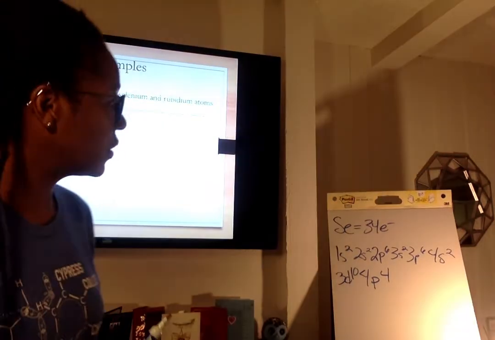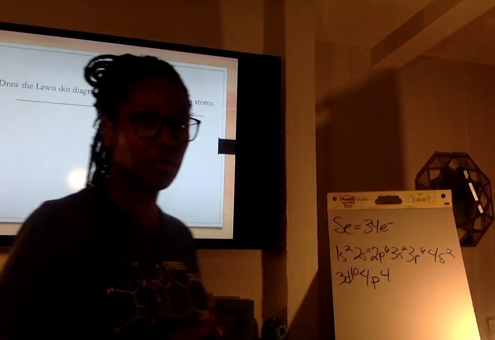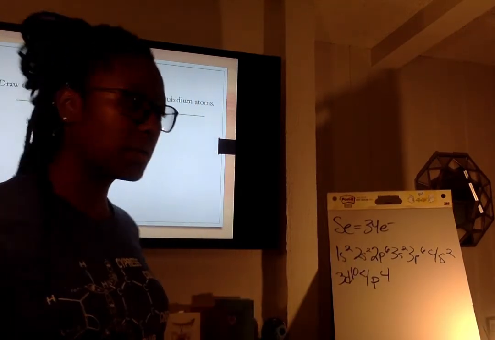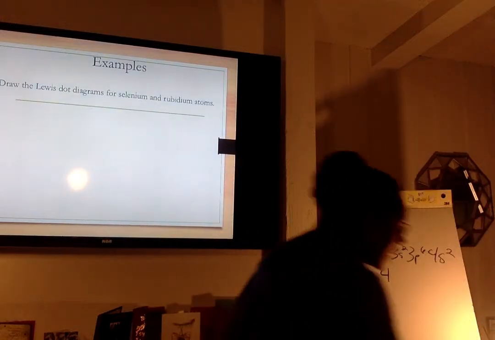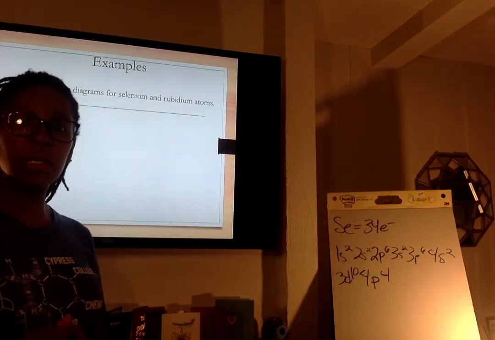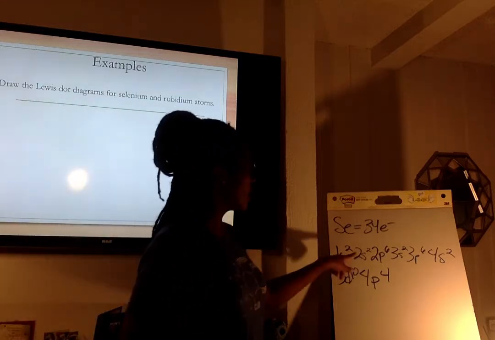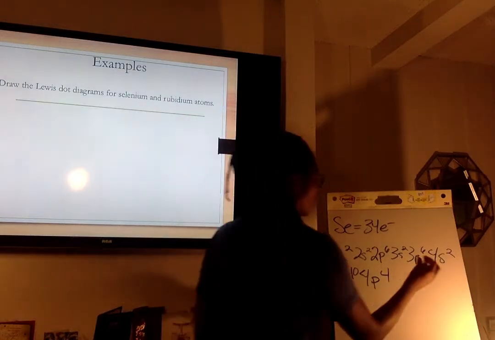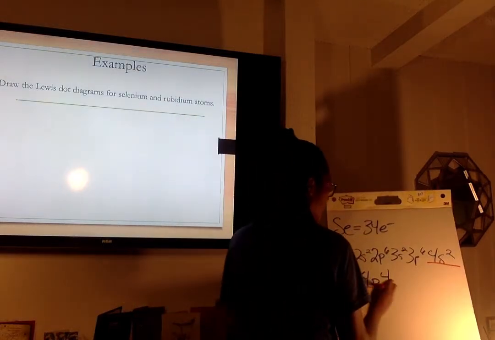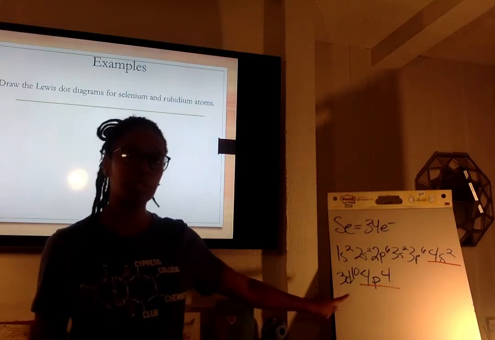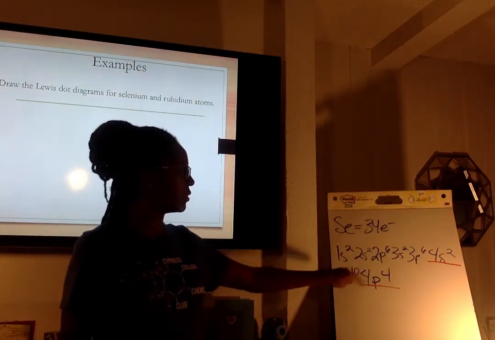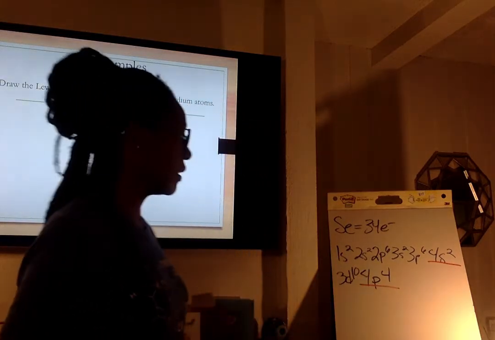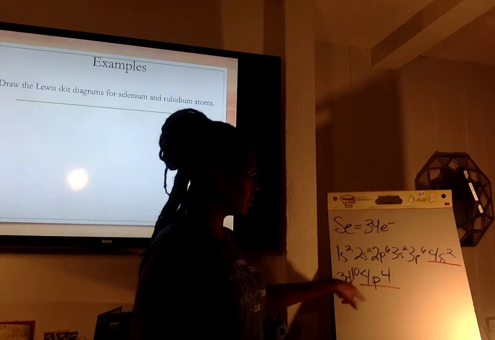So when you're looking at this electron configuration, what is the highest quantum level, which means what is the biggest quantum number? We have 1, 2, 3, and 4. 4 is going to be the biggest quantum number, so we're looking at the 4s2 and the 4p4. Even though the 3d10 is in between the 4s2 and the 4p4, it's not the biggest shell, because the principal quantum level is the biggest number.